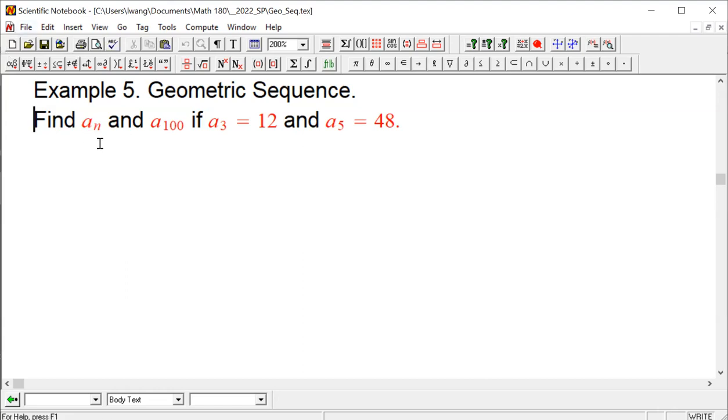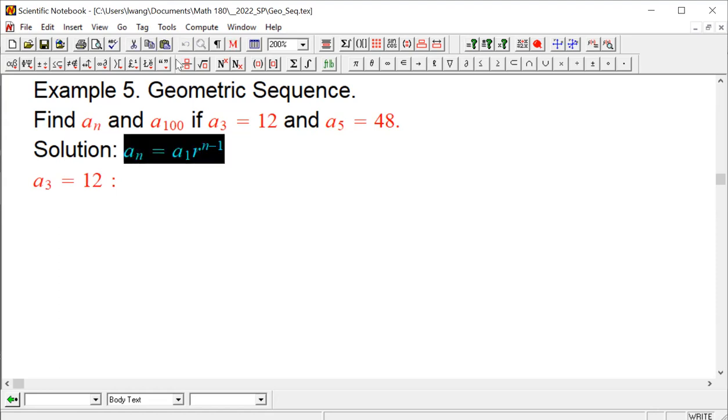Now, the general term. Solution: since the general term has the form a sub 1, the first term, multiplied by r raised to the power n minus 1, and we know the third term equals 12, we substitute n by 3.